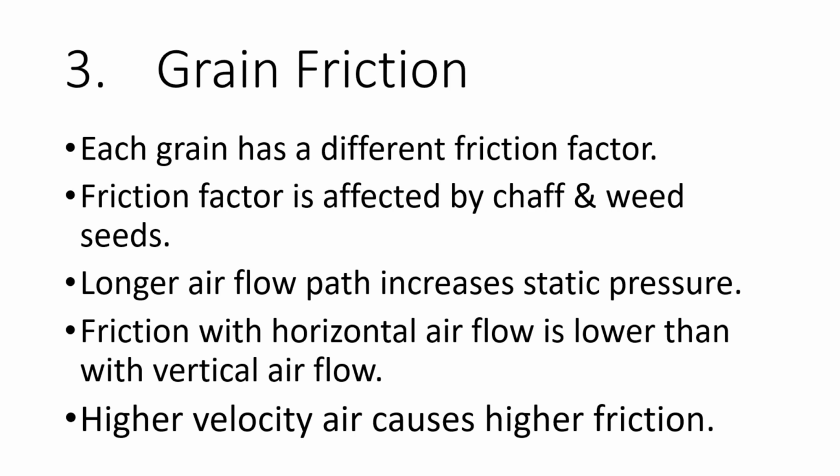The last item about grain friction is that higher velocity air causes higher friction, and that's where, as I mentioned with the inverted trough, if you have a smaller area where all the air is forced to go in the same direction, you will end up with a higher pressure drop there. Ultimately the key is to spread out your airflow throughout the bin as best as you can to make sure you don't have any real high velocities at any point.